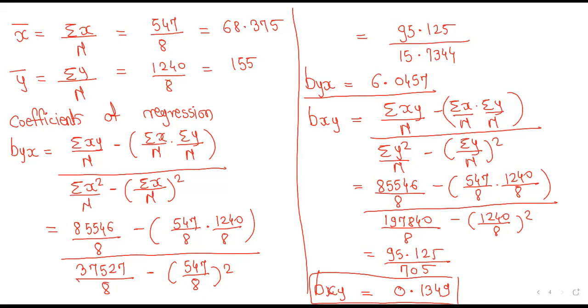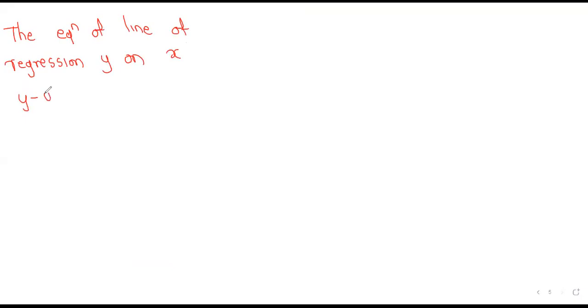Now we find the equation of lines of regression. So first of all we find the equation of line of regression of y on x. The equation of line of regression y on x is y minus y bar is equal to byx into x minus x bar.